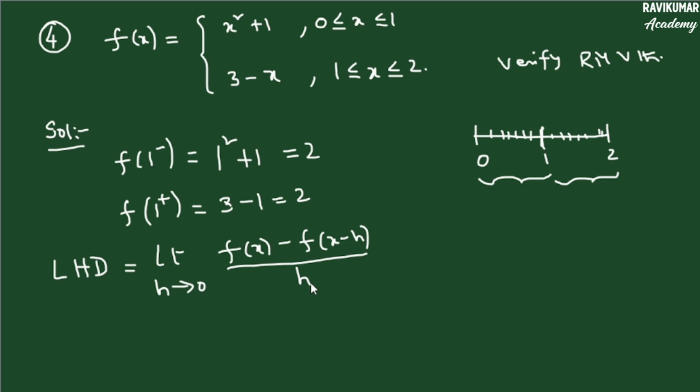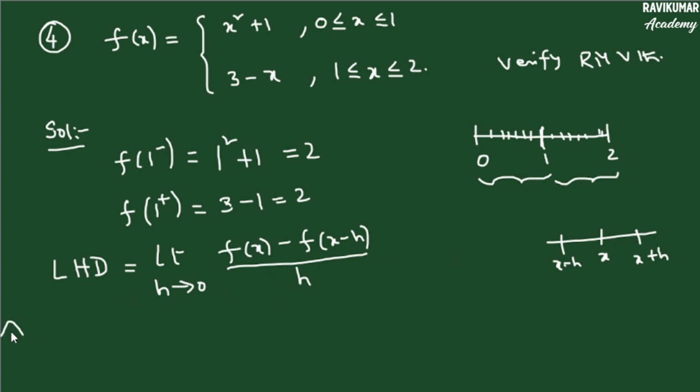So this is the formula of the left hand side derivative, because we need to check x, x minus h and x plus h. So here f of x and f of x minus h we need to check. That is the left hand side derivative.